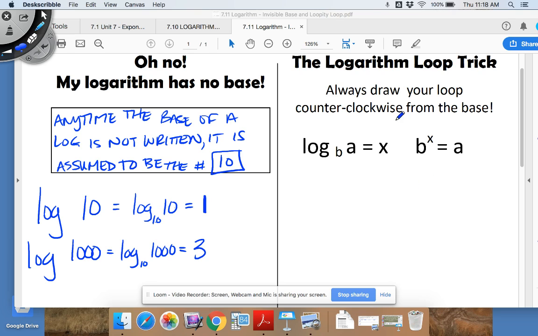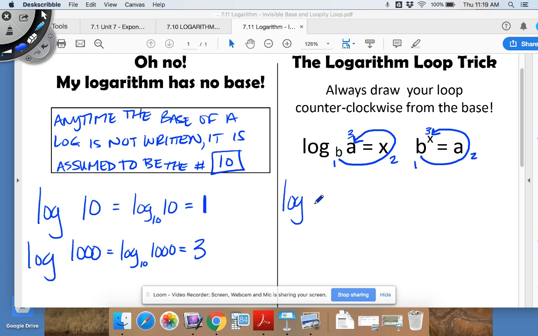Now we're going to do the loop trick. It's how we get from log to exponential and back. So the loop trick, we start at the base and we draw a loop counterclockwise. So this would be our first, second, and third stop in that loop. Same if I'm going this way, start with the base, counterclockwise, first, second, and third stop.